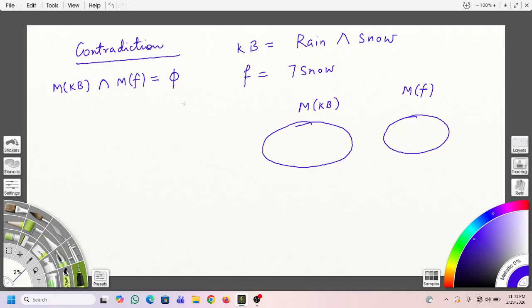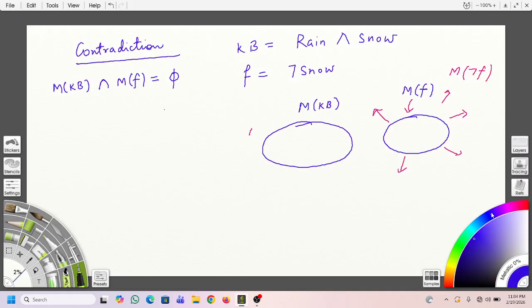Also another thing that can be said from here is, if M of F is this part, then all the region that is outside of this can be written as M of negation of F. Is it clear?